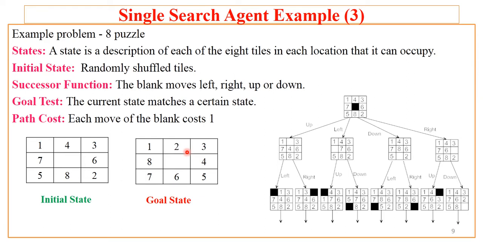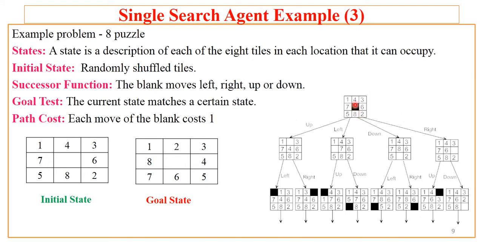Every time we'll be moving one tile either left or right or up or down. That is the successor function, wherein you can move the blank space. For example, if you see this state space representation, the diagram where I'm pointing, it is a tree representation of the state space. Assume that initially you have 1 4 3 6 2 8 5 7 as the initial configuration, and your goal is to arrange this.